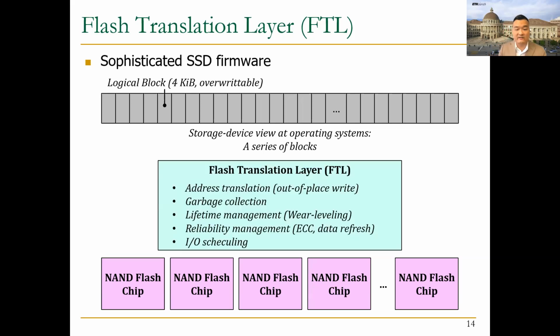To this end, the FTL performs various internal management tasks, such as address translation and garbage collection for out-of-place updates, lifetime management, such as wear leveling, reliability management to hide the error proneness of NAND flash memory, and I/O scheduling for maximally exploiting the potential performance of NAND flash chips.